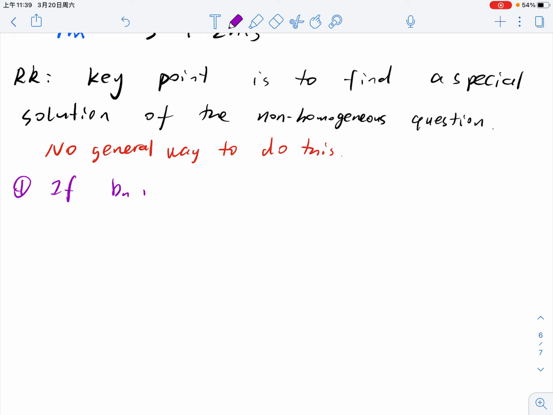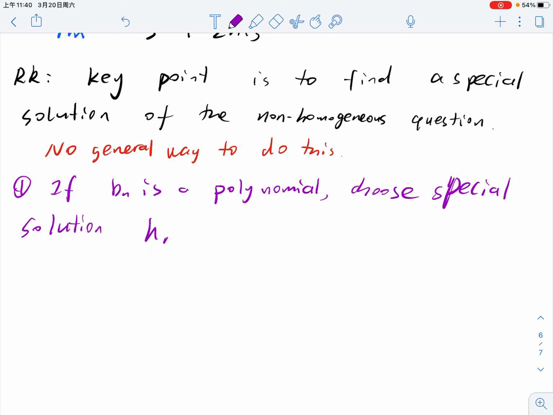Choose a special solution Hn hat to be a polynomial.